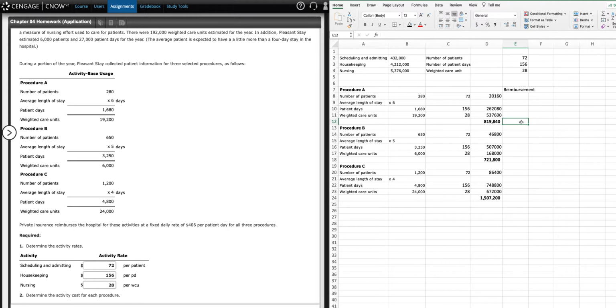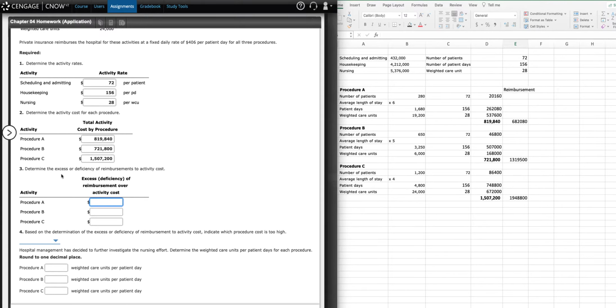And to calculate that, we can say the rate of 406 times the patient days, and for procedure A, it's 1,680. For procedure B, there's 3,250 days. And for procedure C, there's 4,800 days.